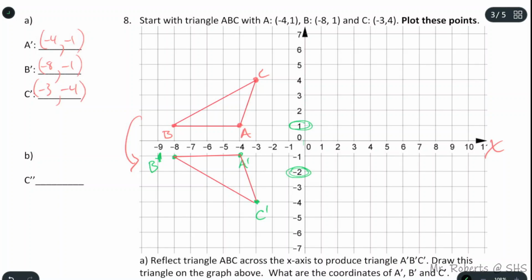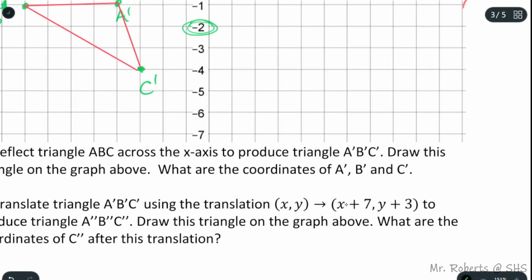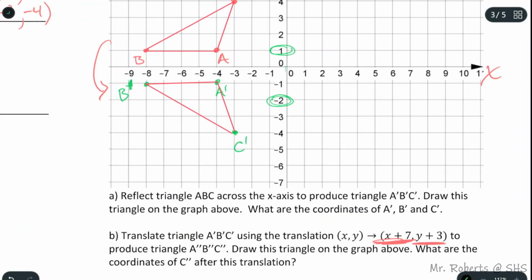And the final part says, now translate this triangle using this rule. So the rule is that I'm going to increase the x's by 7, and I'm going to increase the y's by 3. So for this next point, I'm going to start here and increase the x's by 7. So I go 1, 2, 3, 4, 5, 6, 7, then increase the y's by 3. 1, 2, 3.